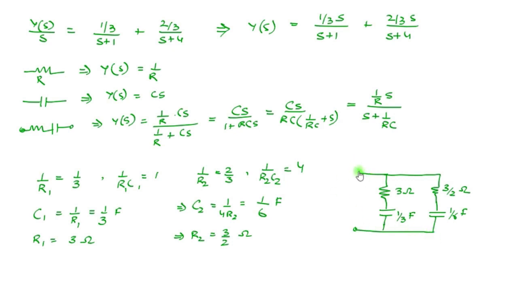So the network will look something like this. This is the Foster 2 realization of the network function Y(s).